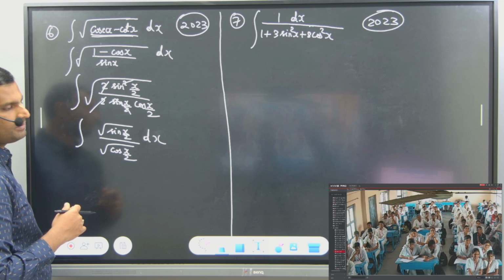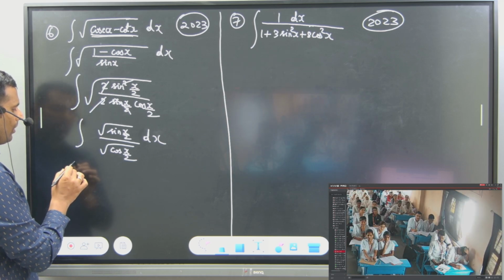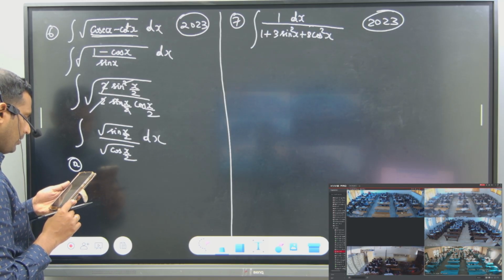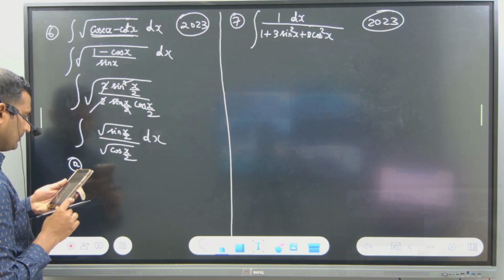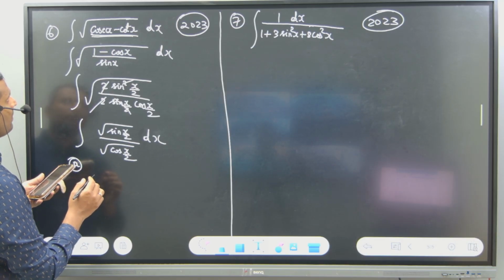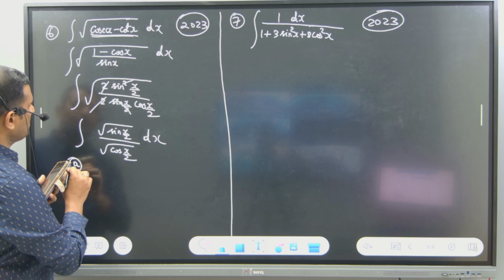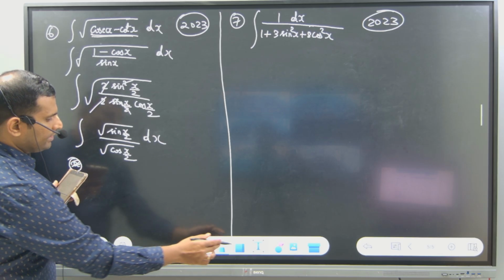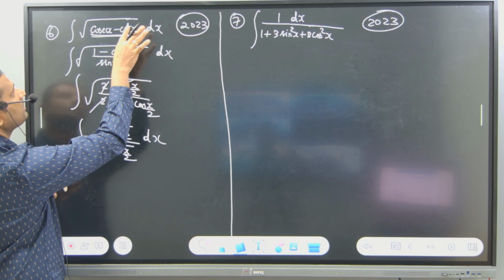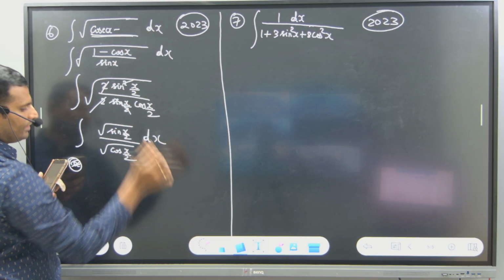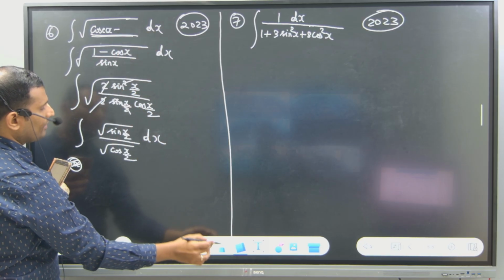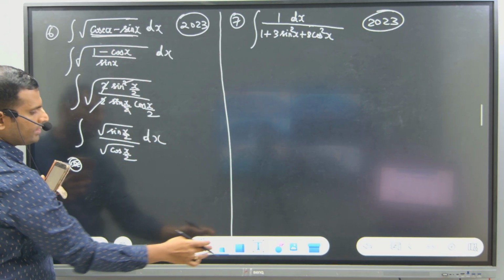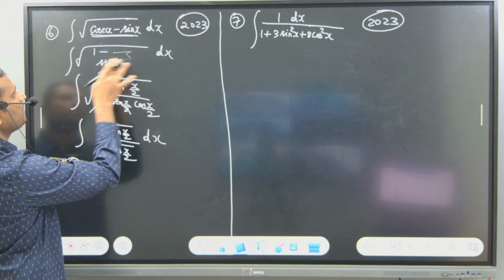No idea? Okay, I'll give you 4 options. Can you check which will be correct? The 4 options are, oh, I made a mistake in the question. It is not cosecant minus cot, it is cosecant minus sine. The question is wrong. Okay, we'll do this in the next class. It will be cosecant minus sine.